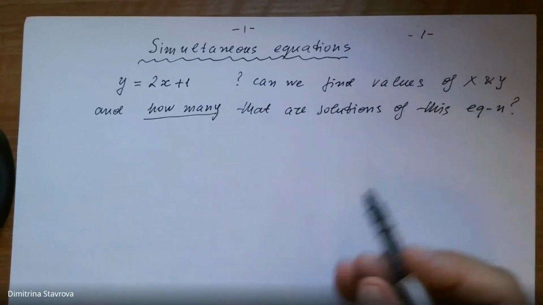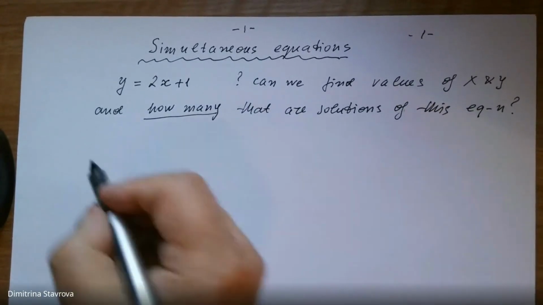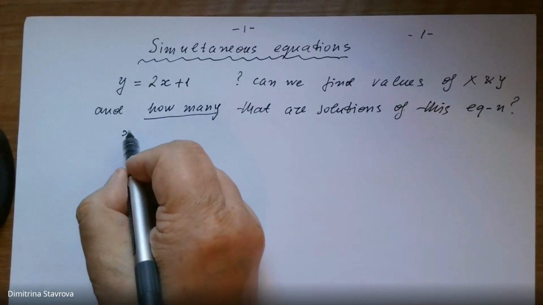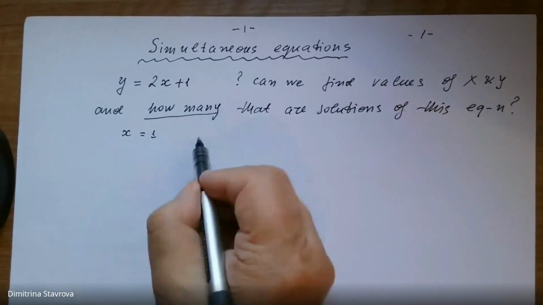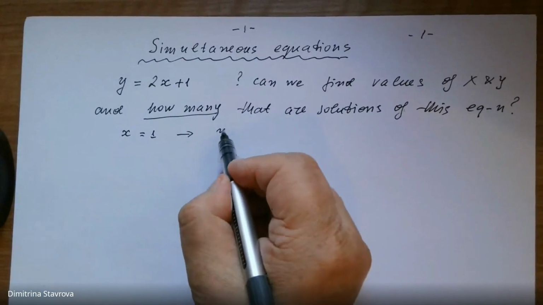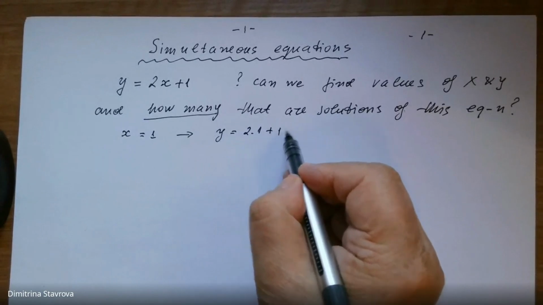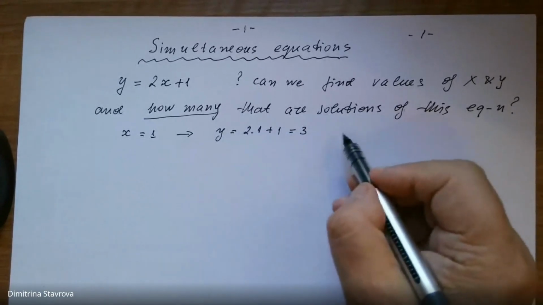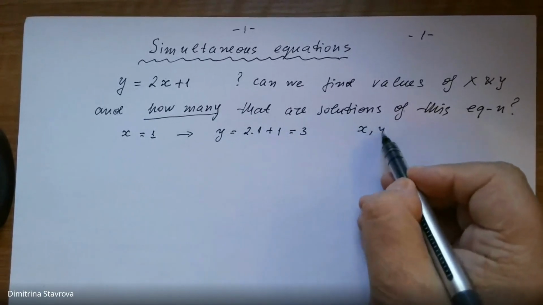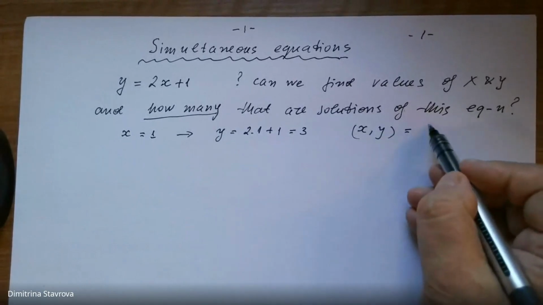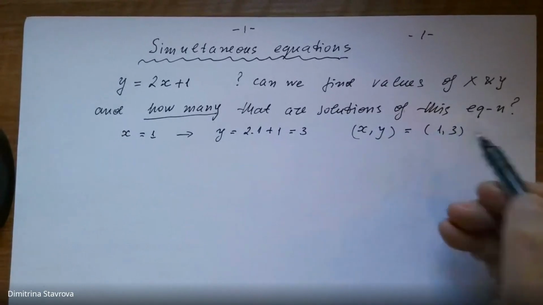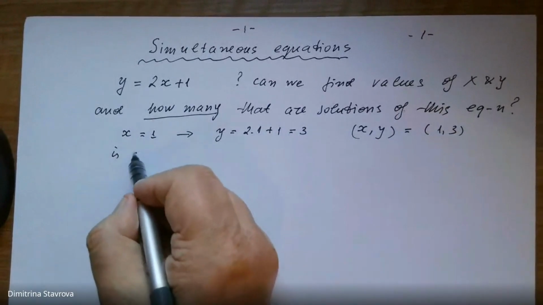How many are those? Okay, immediately we can say, let's take x equals 1, then y is equal to 2 times 1 plus 1 equals 3, the pair (x, y), which is (1, 3), is a solution.